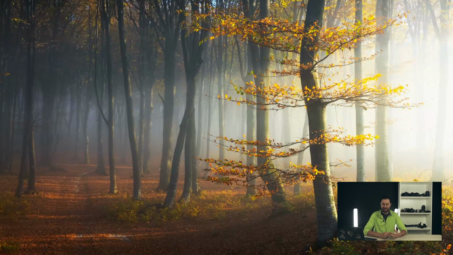Tip number 10. If you have the chance, capture the sunset in a foggy forest. Now, autumn in the forest looks great. Sunset in a forest during autumn looks much better. But having sunset in an autumn forest and then having fog, and the fog starts to dissipate, then you have the magic formula.